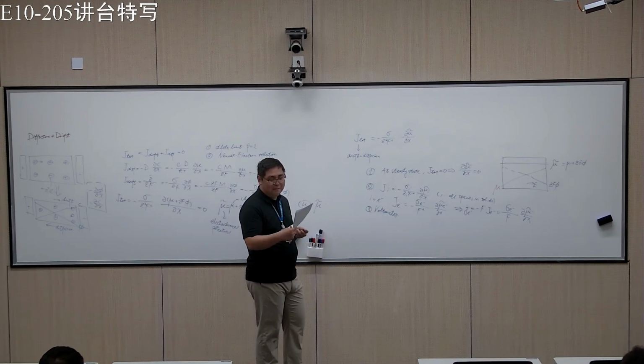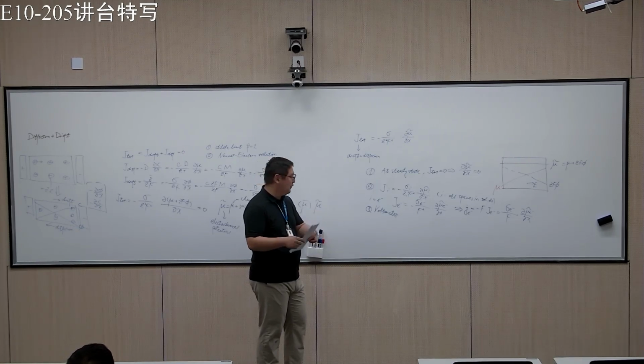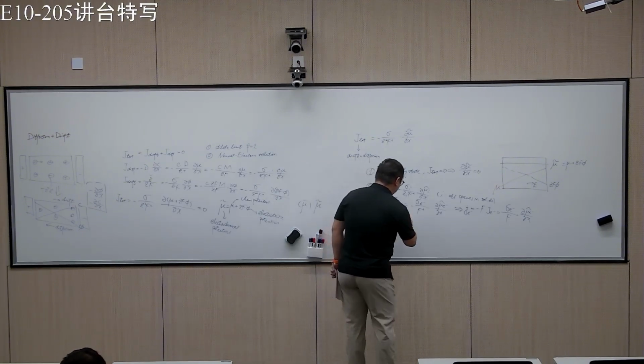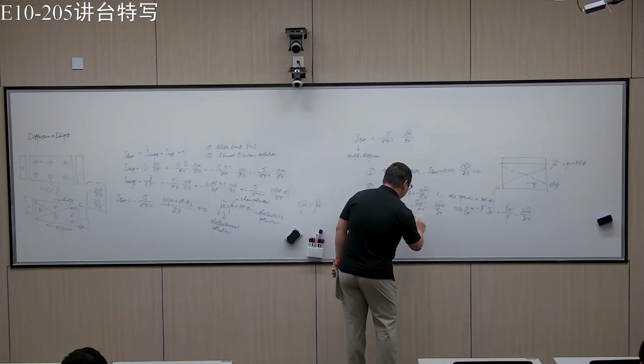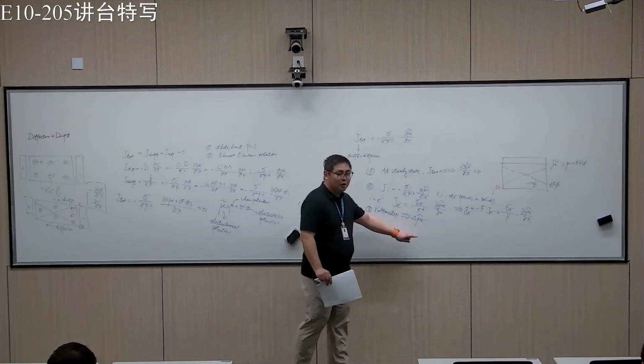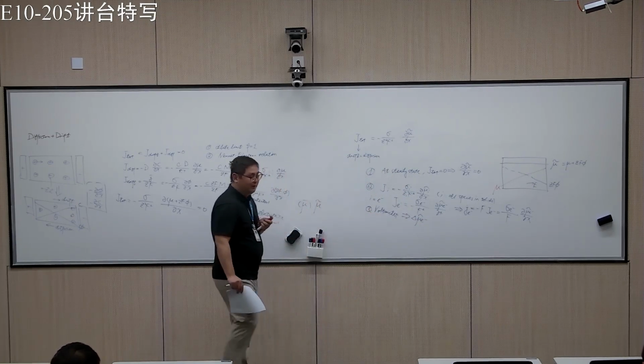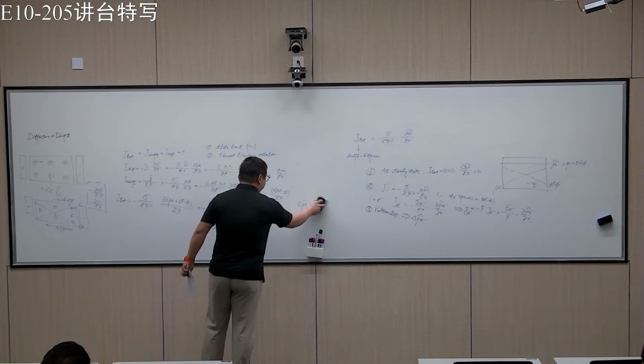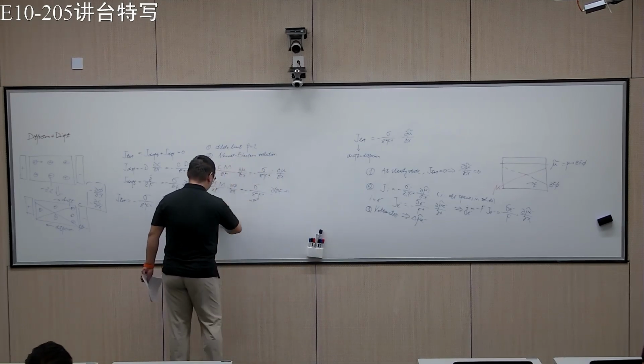For example, if you take a lithium-ion battery, you measure the voltage between the cathode and anode. What you are actually measuring is the delta electrochemical potential of electrons. Okay, so I'll expand on that later.